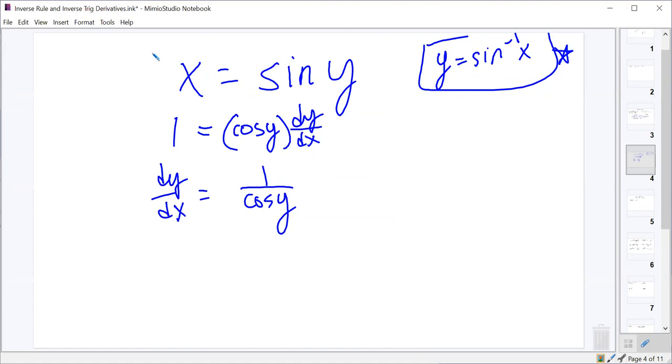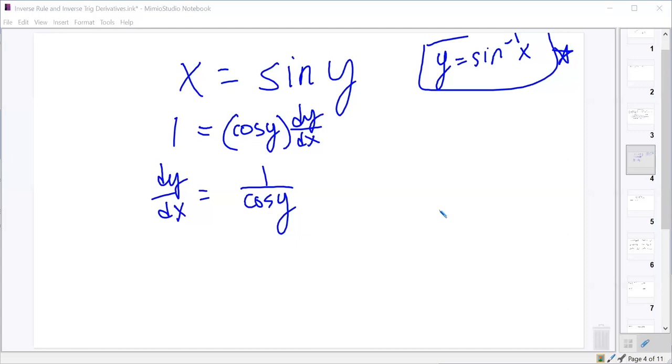But think about how we can turn cosine y into terms of x. All right, any ideas on how we're going to turn that 1 over cosine y into something in terms of x?